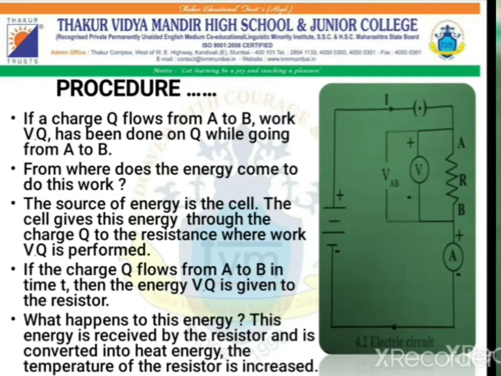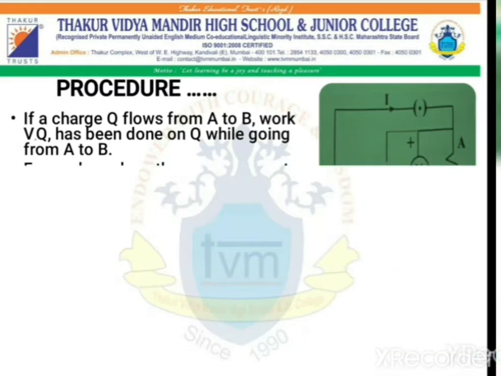Now the temperature of the resistor is increased since more electrons are moving. There is a collision between the electrons, and this collision gives rise to heat, and this opposition to the flow of electrons gives rise to a term called resistance. So as the resistance increases, the temperature also increases.